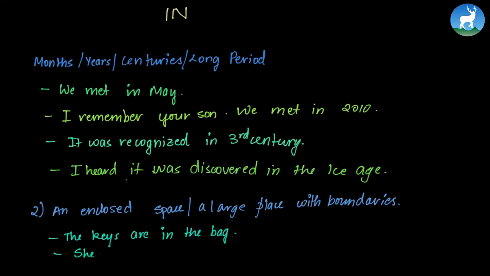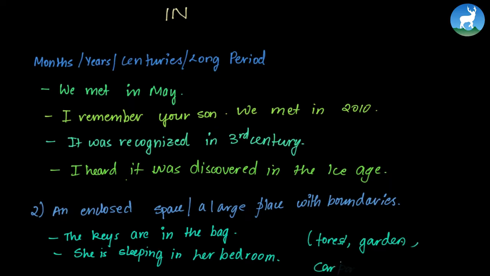She is sleeping in her bedroom. We can use in with forest or garden or car park even. He has parked his car in the car park, which means a large place with boundaries. We are talking about enclosed spaces.